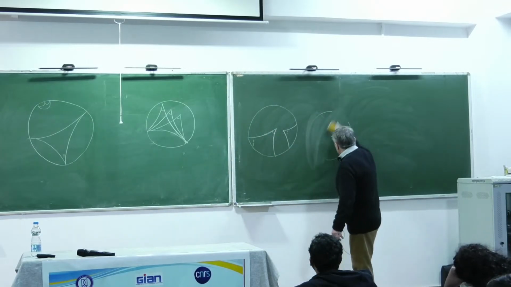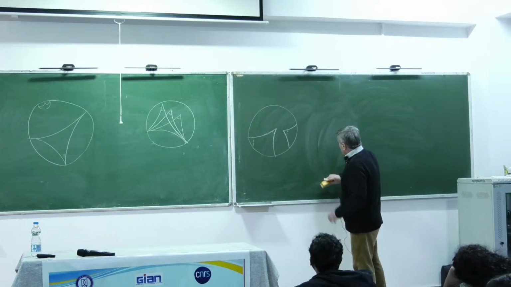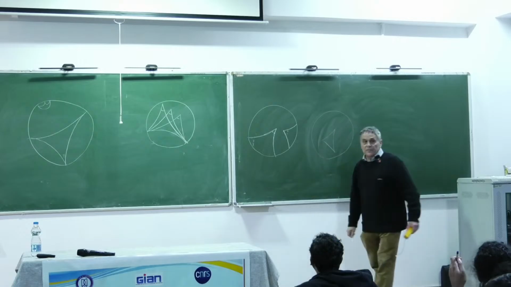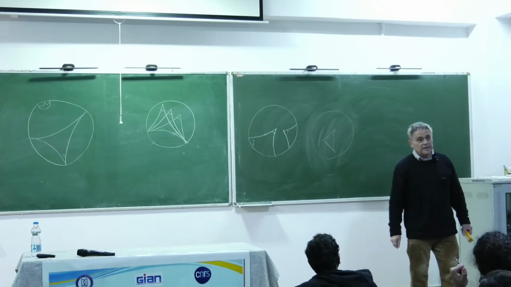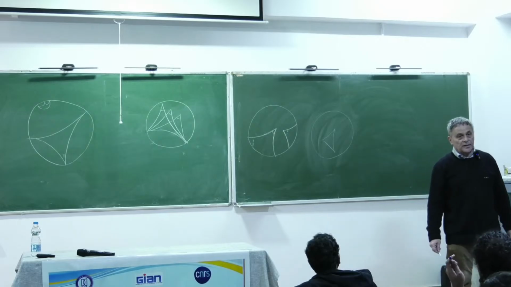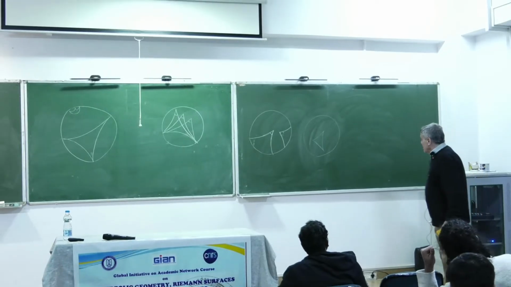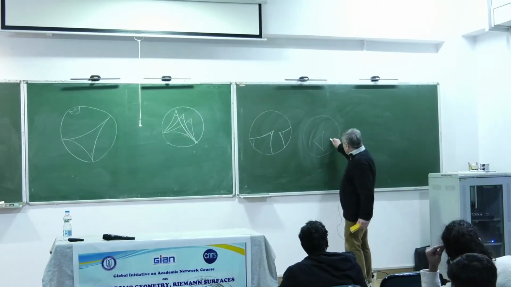The more difficult question, for which I have no answer, is the space of triangles in hyperbolic space. This is a three-dimensional space. What is a best Lipschitz map between this triangle and this triangle?